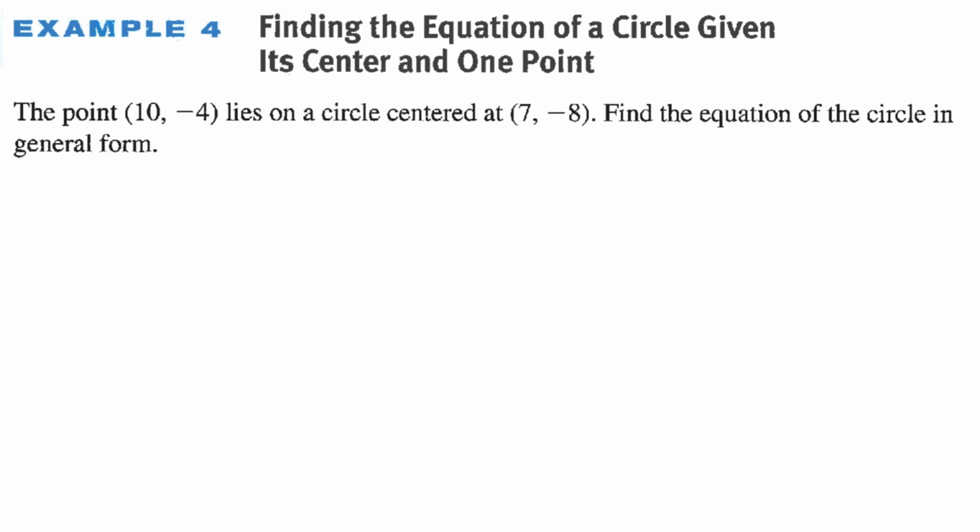Okay, so on this one, let's go ahead and start with the (x minus h) squared plus (y minus k) squared equals r squared version. So we have an x number, so we have 10.